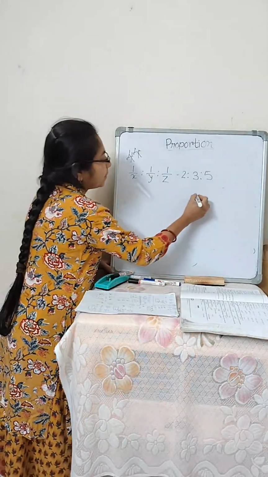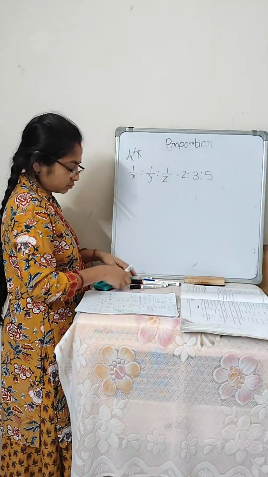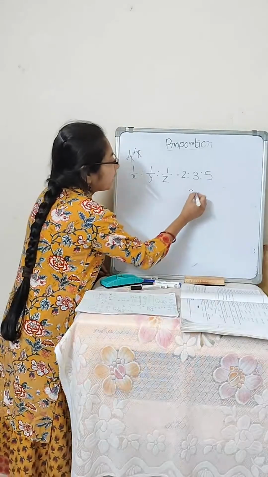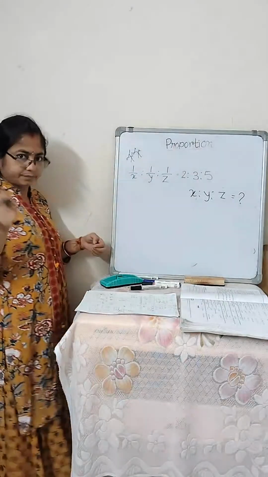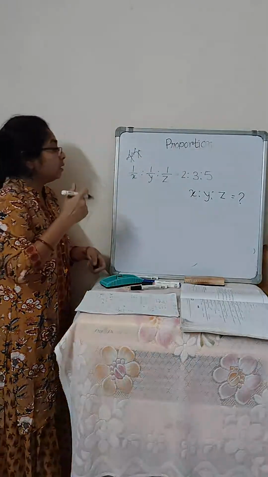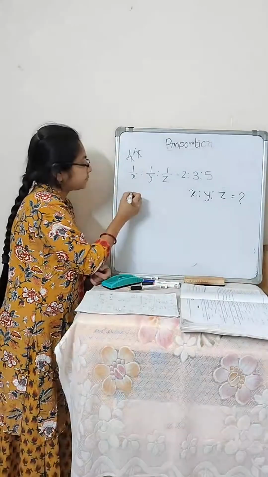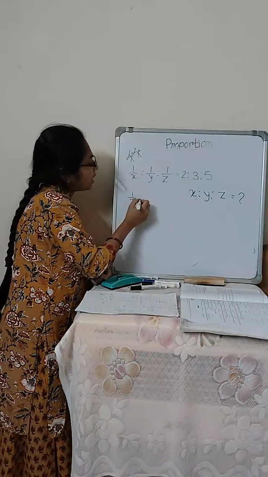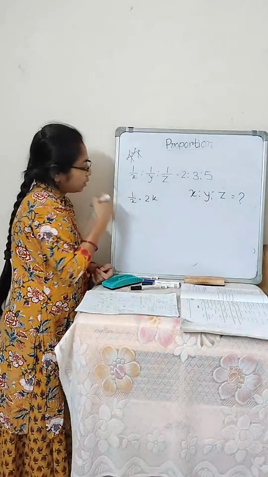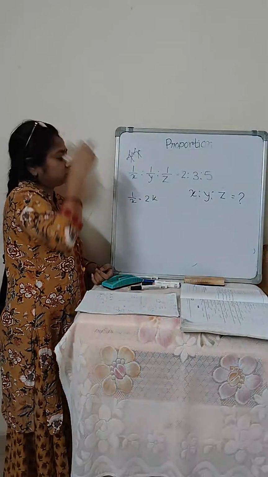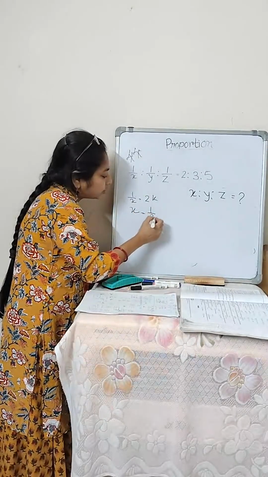Then find out x is to y is to z. Okay? It is near to the first one, but you do this one. 1 by x is equal to 2, meaning 2k. So make it reciprocal, x is equal to 1 by 2k.